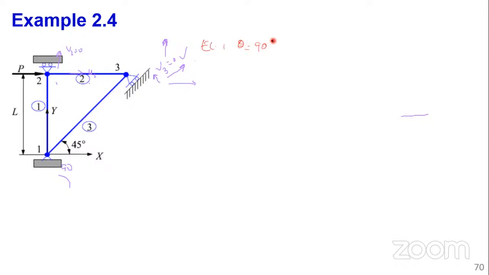Maybe you could put this down if you want. So for 90, we know cos 90 is equal to 0 and sin 90 is equal to 1. So L is 0 and M is 1. Remember our equation: the stiffness matrix K is equal to EA over L times the matrix with L squared, LM, and M squared.